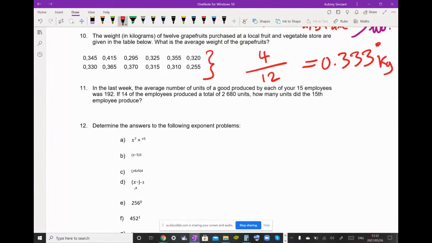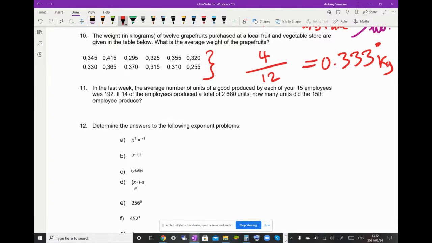And in 11, it says, in the last week, the average number of units of a good produced by each of your 15 employees was 192. If 14 of the employees produced a total of 2,680 units, how many units did the 15th employee produce?